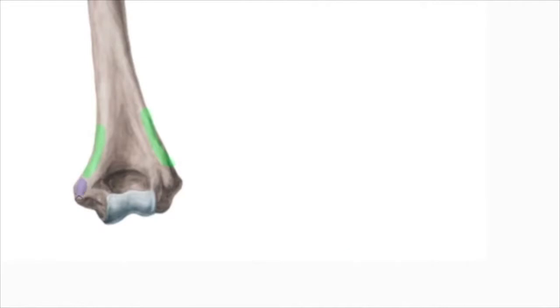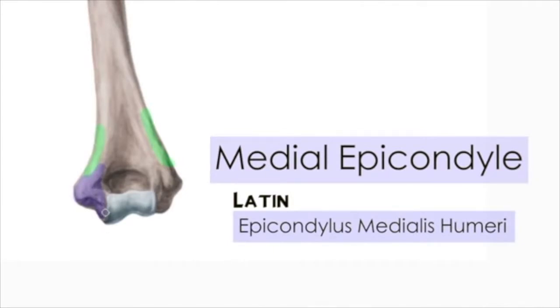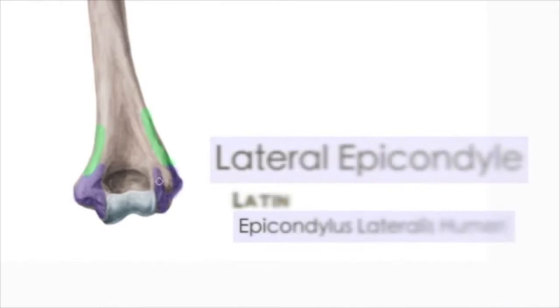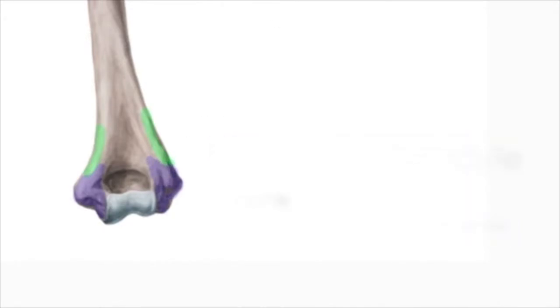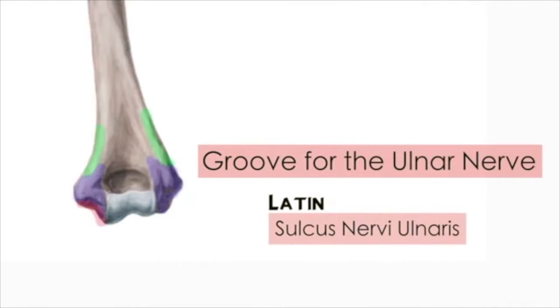Now, you find here what is known as the medial epicondyle, and you also find a lateral epicondyle. One important thing to notice here is this depression that you find on the medial epicondyle. We call it the groove for the ulnar nerve.